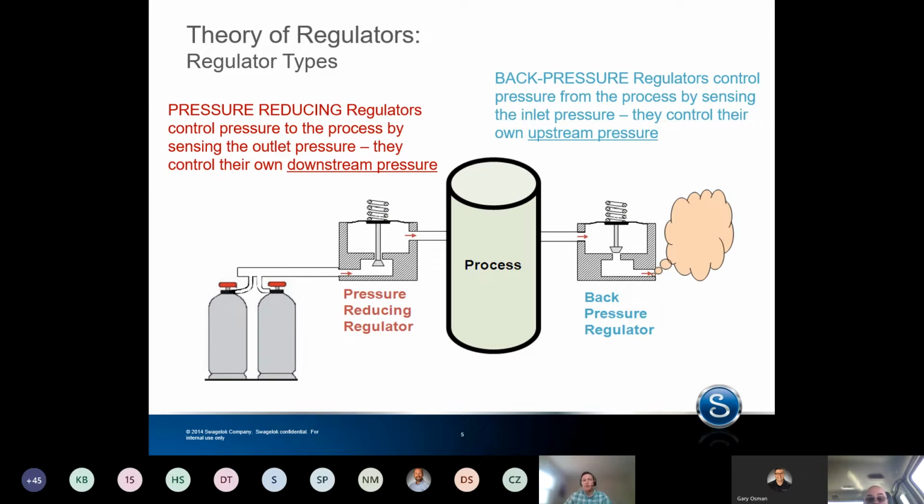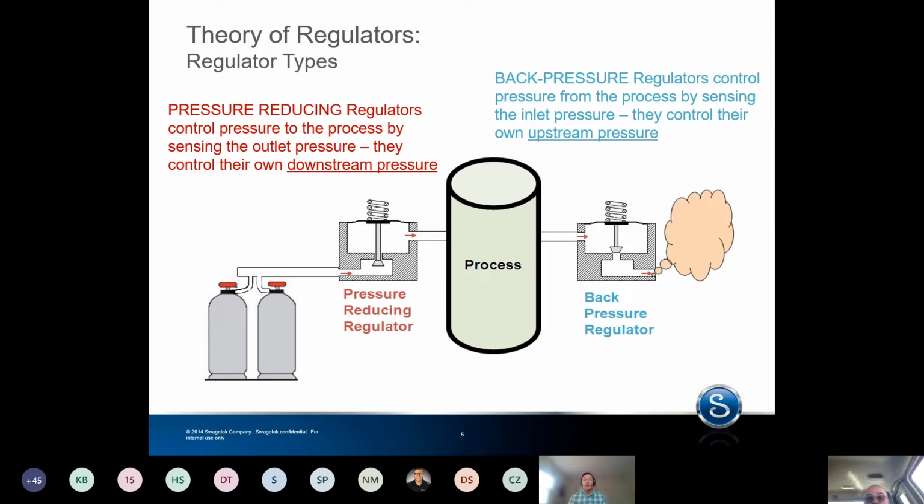Now, most regulators used in the industry are the pressure reducing type. We see about 75% pressure reducing to 25% back pressure. So most of our discussions today are going to be around the pressure reducing type of regulators because those are most common. A lot of the concepts we talk about are applicable to back pressure regulators.